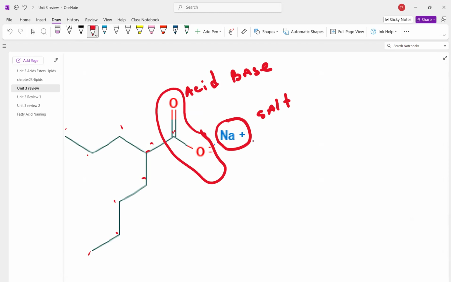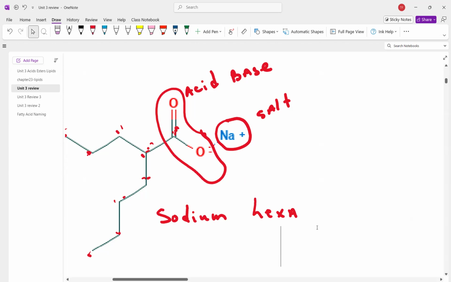Okay, so it's a sodium, and it's got no secondary backbone because it's not an ester, but it's got a primary one. So which is it? Well, let's see here. 1, 2, 3, 4, 5, 6. 1, 2, 3, 4, 5. The longest chain is 6, so it's going to be a hexa. And it's going to have a branch.